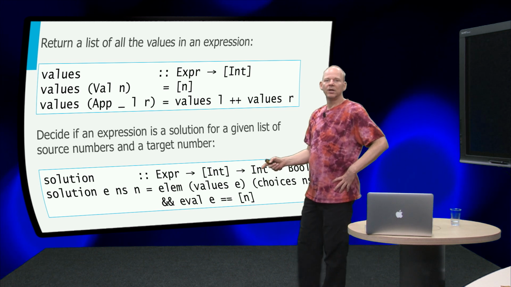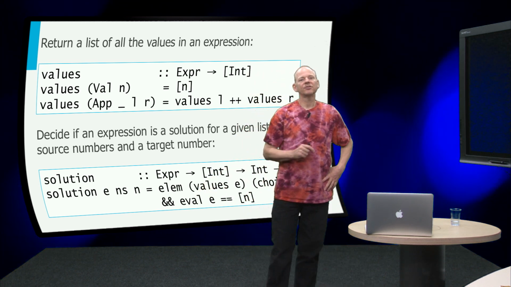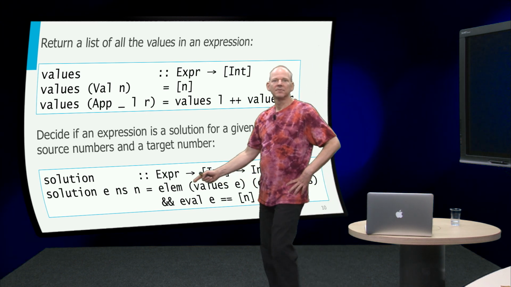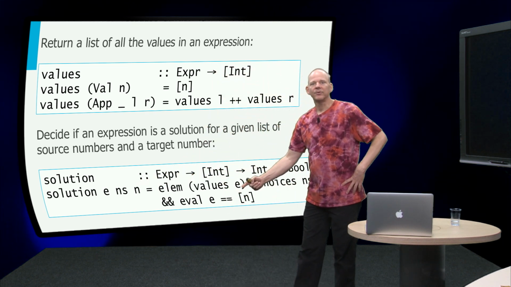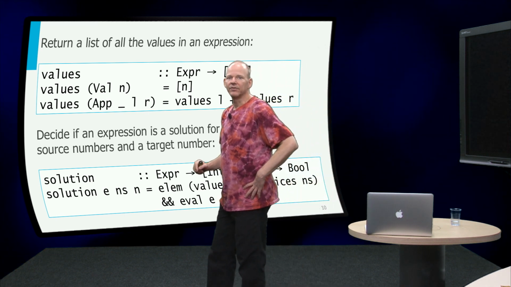What this says is that, first of all, the expression must evaluate to the number that we're looking for. That was the number that we're required to find. So when we evaluate the expression, it must give that number.